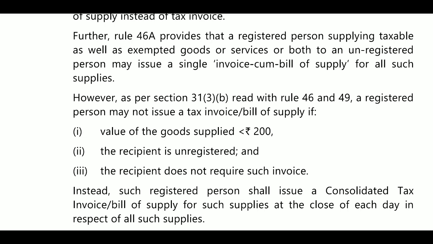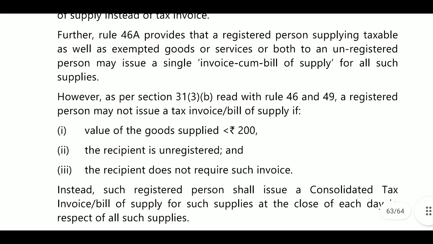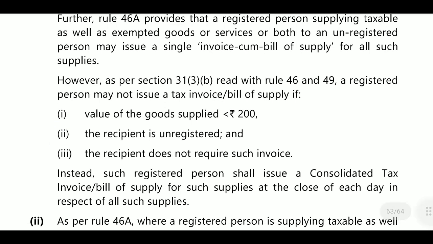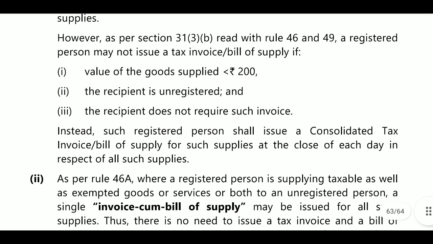And if you are providing both taxable and exempted supplies, then an invoice-cum-bill of supply will be provided if the person is unregistered. An invoice is not required in some cases, that is if the amount is less than 200 and the recipient is unregistered and does not require it, and here only a consolidated tax invoice will be issued at the end of each day.